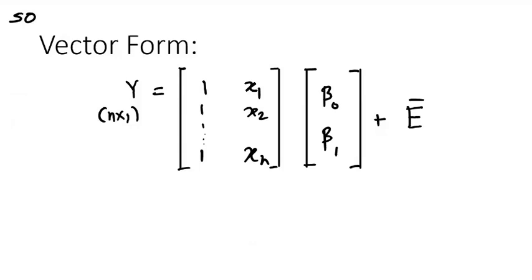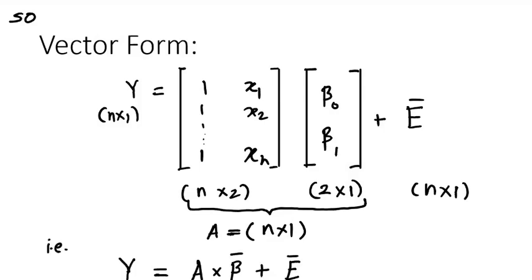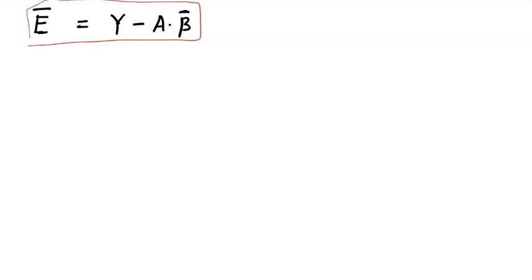Now what we saw next was the matrix representation of all these equations, and then we find the error. So the estimated error is y minus A into beta. So this is the collection of all actual values of y for all the samples.